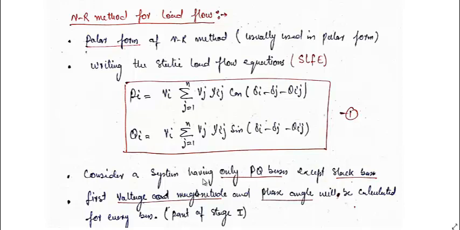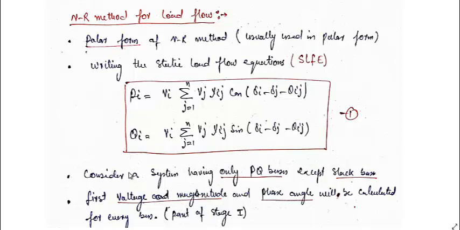That means we have an n bus system, where bus number 1 is the slack bus, and from bus number 2 up to n will have only PQ buses. So as we know, in the load flow problem, the first stage was to calculate Pi, Qi, Vi and delta i. But here we first calculate the voltage magnitude and phase angle. It is a part of stage 1, and then we will go for the other calculations.